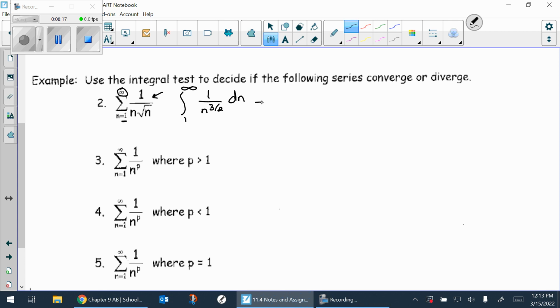Now, if I were to turn this into an improper integral, I'd be taking a limit as t approaches infinity, integral from 1 to t of n to the negative 3 halves dn.